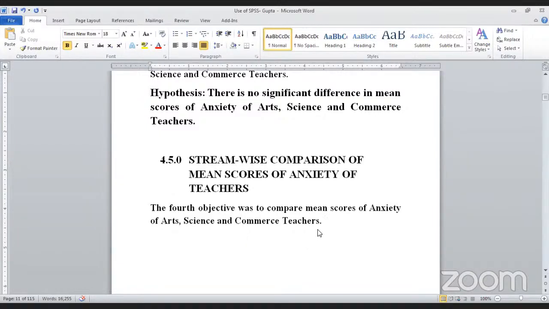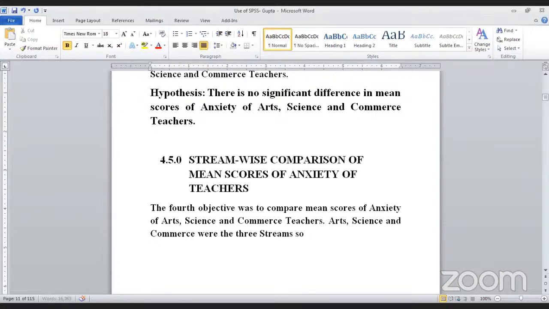Now, there are 3 groups: art, science, and commerce were the 3 streams.